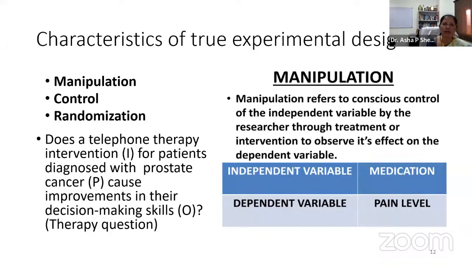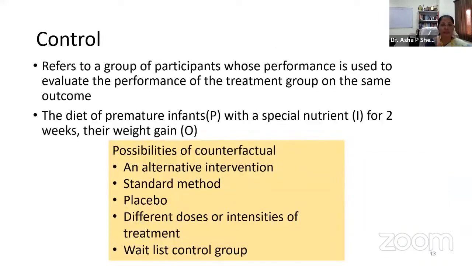Now let's move on to another characteristic, that is control. So what does control mean? Here control refers to a group of participants whose performance is used to evaluate the performance of the treatment group on the same outcome. For example, the diet of premature infants.